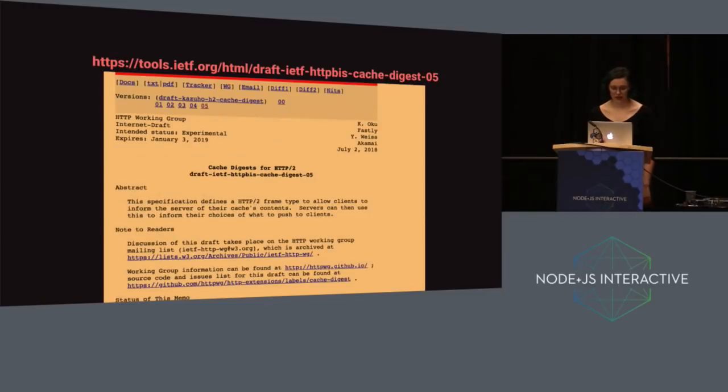An interesting one here is cache digest, and that could be really cool to see implemented. My understanding of this was that if your client is hitting a particular endpoint several times, it's HTTP2 on a larger scale, I think, is a better way of phrasing it.